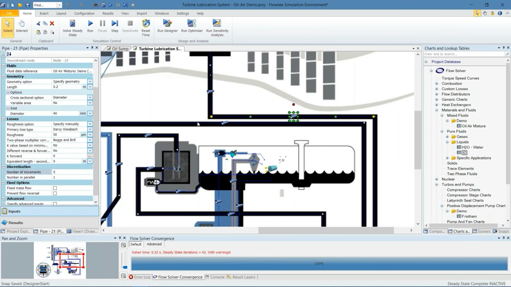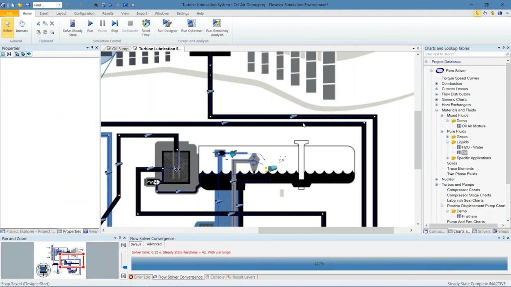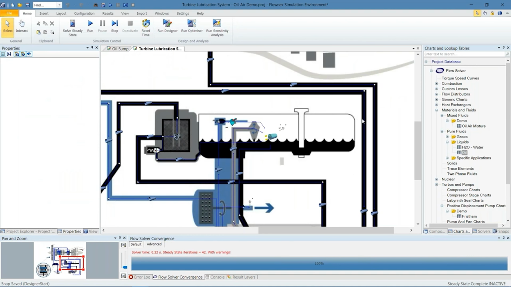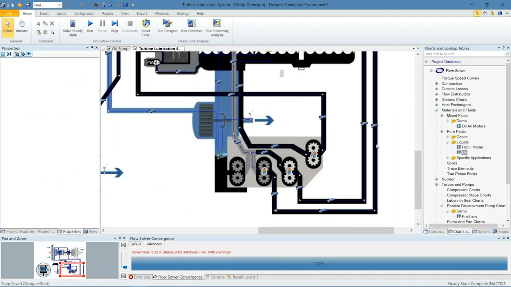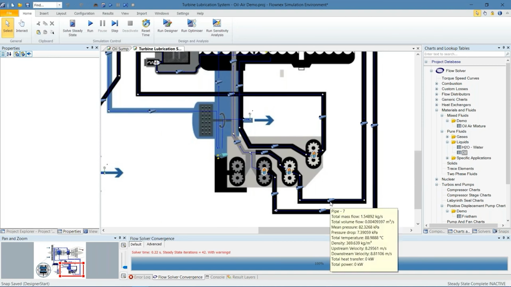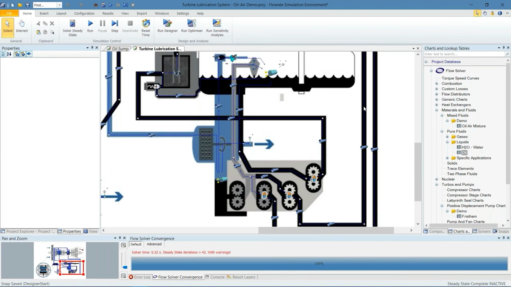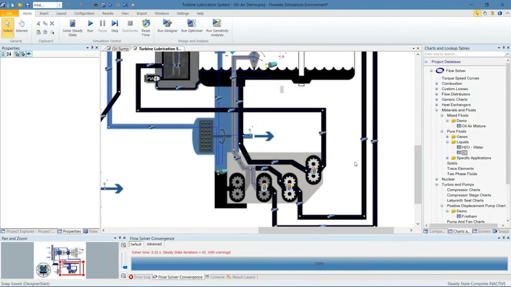So for use with this Beggs and Brill component, we just recommend also incrementing your pipes inside of the scavenge lines. This is just going to help predict that regime change inside of a pipe component instead of just having one regime in one pipe transferring to another regime in another pipe. It's just more accurate to have that regime change in one of these pipe components.